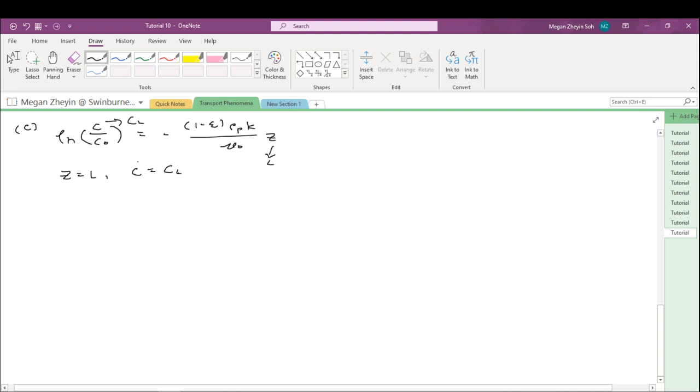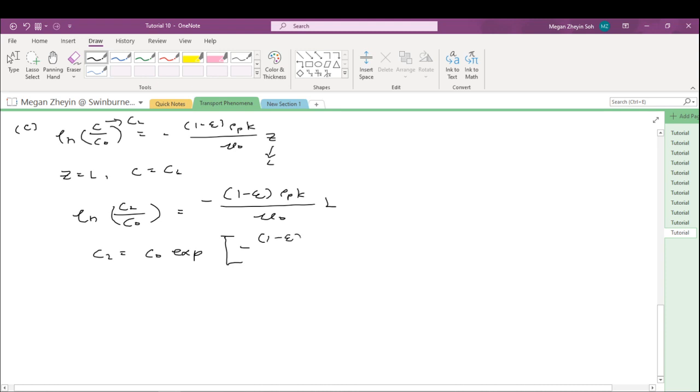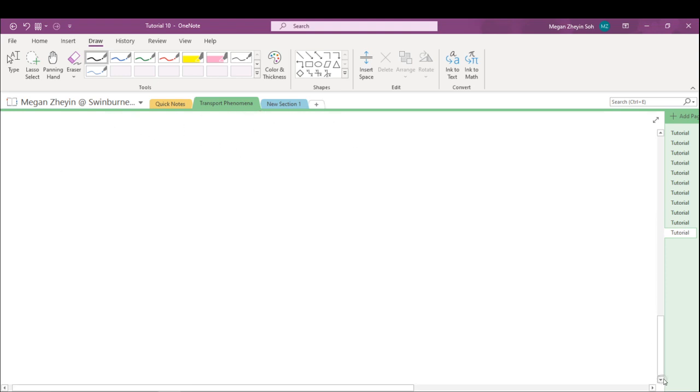So it's very simple, and we get CL over C0 equals negative the exponent times L. So rearranging, we should get CL is equal to C0 times the exponential, and reversing it again. So that's for part C.